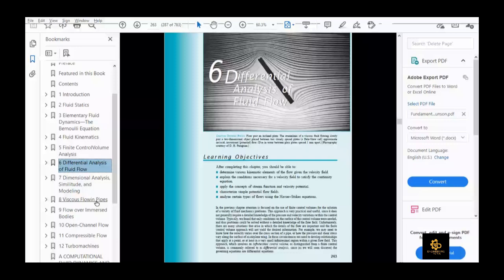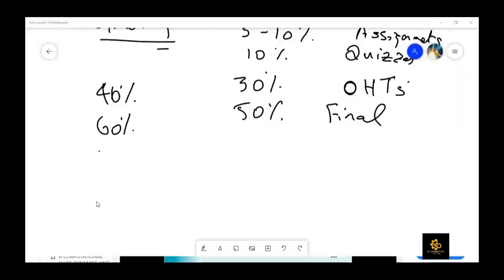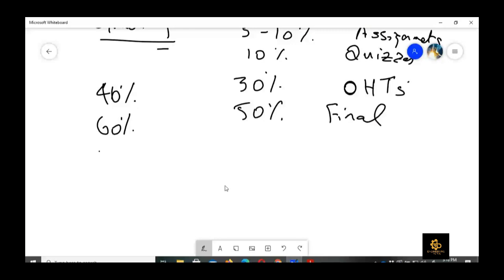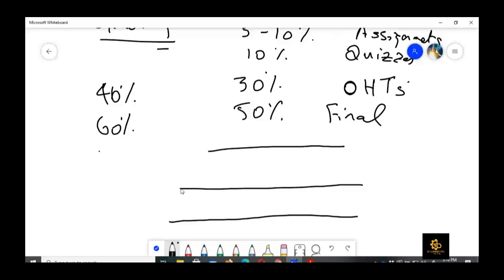We know that if the flow is bounded, like a pipe flow, there would be a drag force, or resistance force, applied by the surface on the moving fluid.